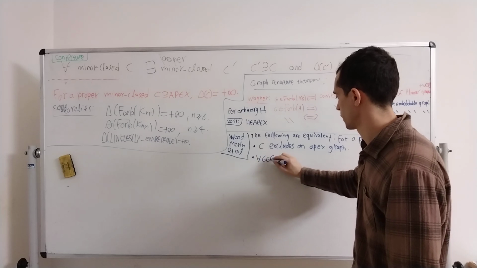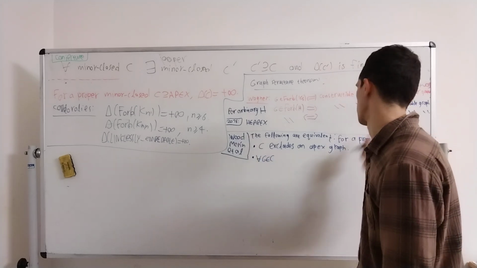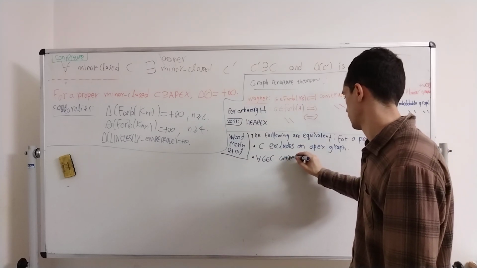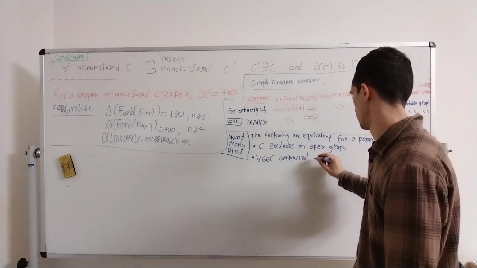Every graph in C can be constructed by the clique sum of strongly K almost embeddable graphs. I will not write it.